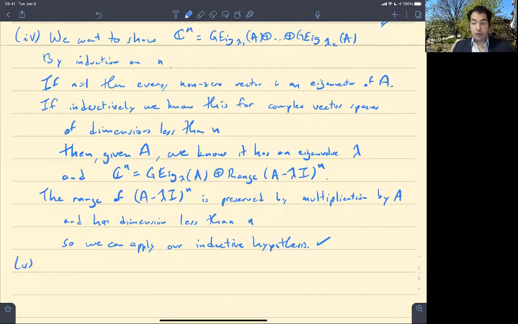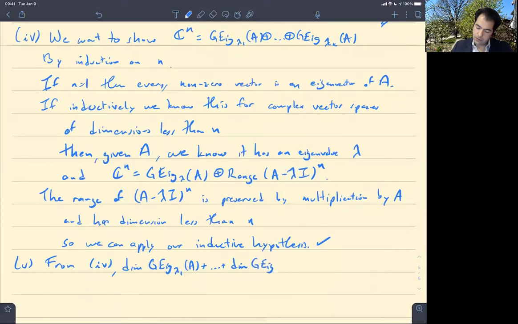Finally, 4 gives us 5. Remember that 5 says that the dimension of the generalized eigenspace corresponding to lambda_j is equal to the algebraic multiplicity of lambda_j. So from 4, we know that the dimensions of the generalized eigenspaces add up to n, which is what the algebraic multiplicities add up to.